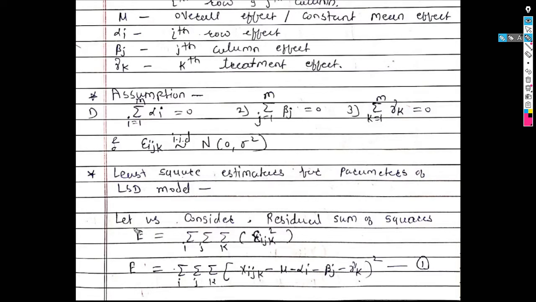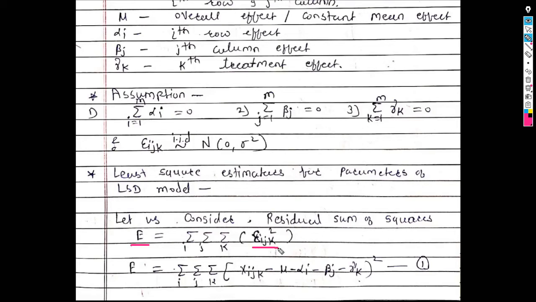For that, let us consider the residual sum of squares, or error sum of squares, denoted by E. It is defined as the summation, i varies from 1 to m, j varies from 1 to m, k varies from 1 to m, of epsilon ijk squared.